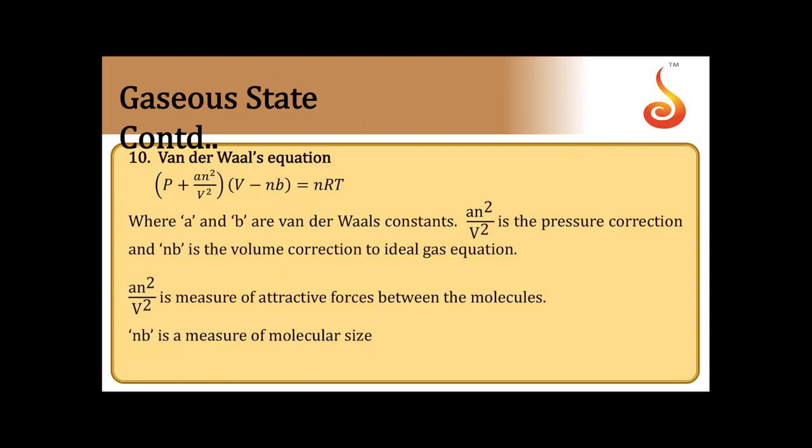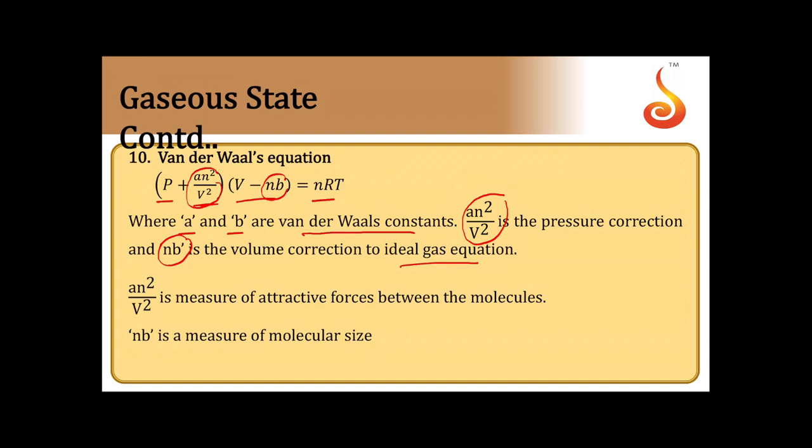Now comes the van der Waals equation of state, which is (P + an²/V²)(V − nb) = nRT, where a and b are van der Waals constants. The term an²/V² is said to be the pressure correction, and nb is said to be the volume correction to the ideal gas.